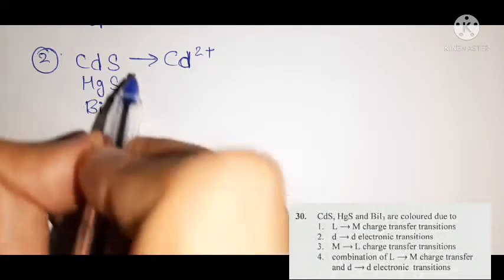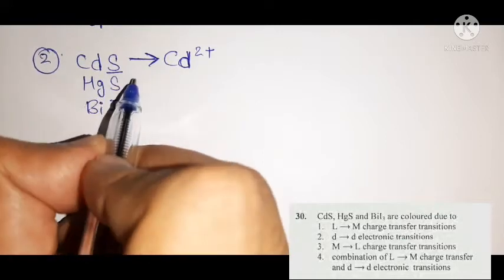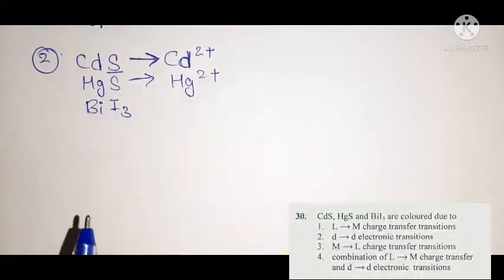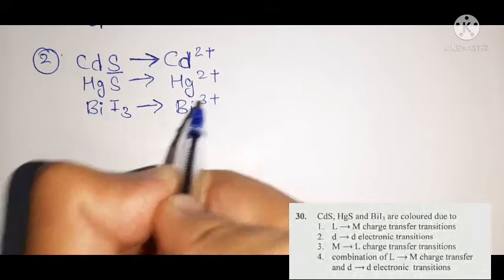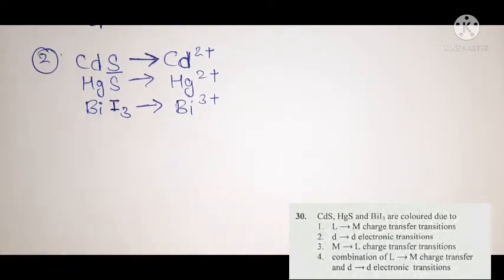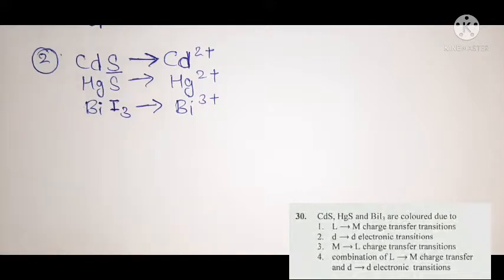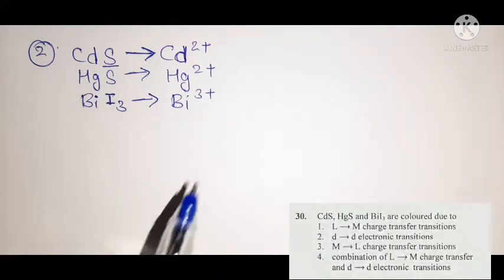Similarly, mercury is also present in the +2 oxidation state. Bismuth is present in the +3 oxidation state, because one iodine contains a -1 charge, so 3 iodines mean -3. So cadmium is in +2, mercury in +2, and bismuth in +3 in these compounds.